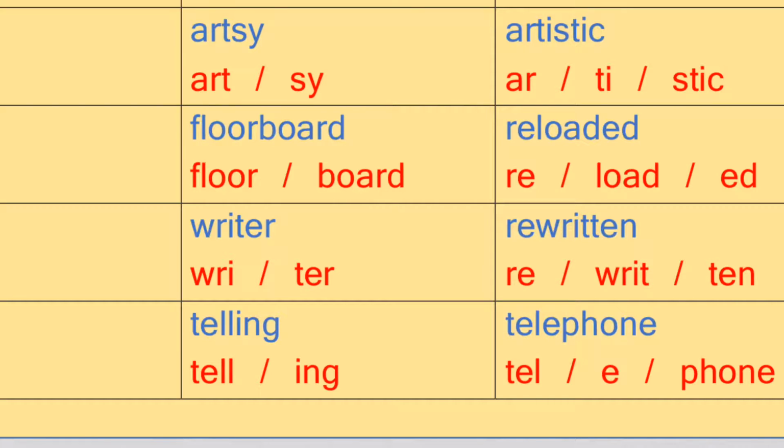So when you spell the word floorboard, it's all one word put together. But when we say how many syllables are in floorboard, floor makes up one syllable, and board makes up another syllable, floorboard.